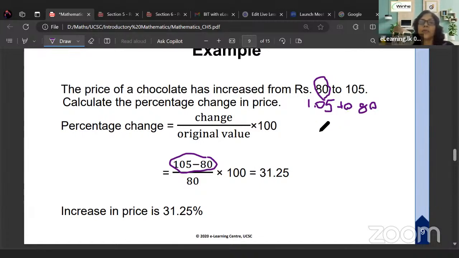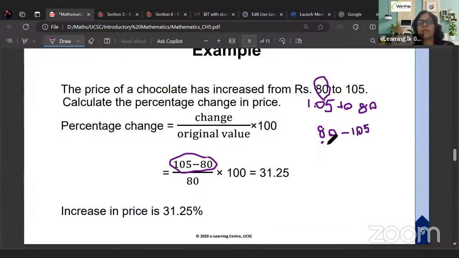Now what you have to do is, the new value is 80, the old value is 105. Right? 80 minus 105.